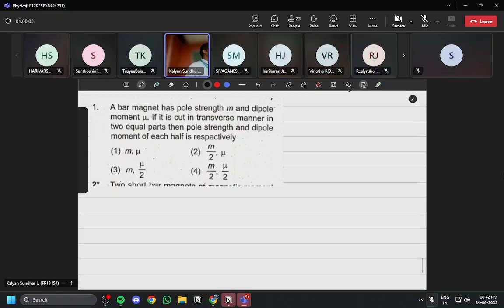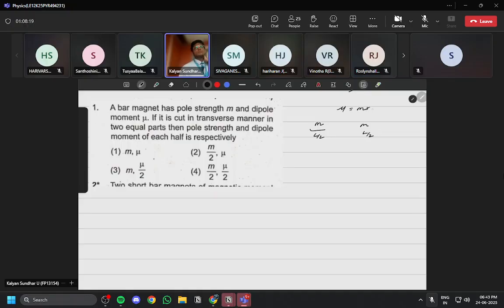Next is the mu value. They are not asking about the length. So the mu value: after the cut we still have m, and the length will be L by 2. Initially, mu is m into the distance between the poles. Nothing is given, so let me take it as L. After dividing, mu dash will be the pole strength, which stays the same, into L by 2.